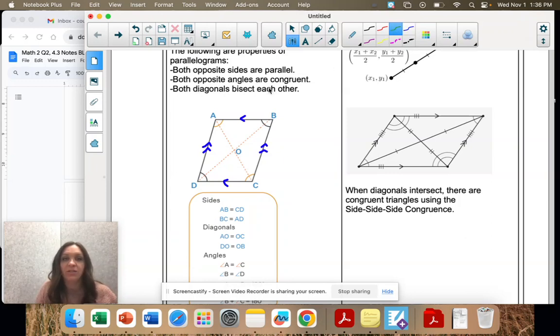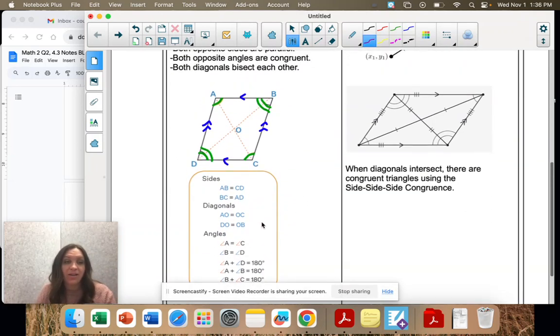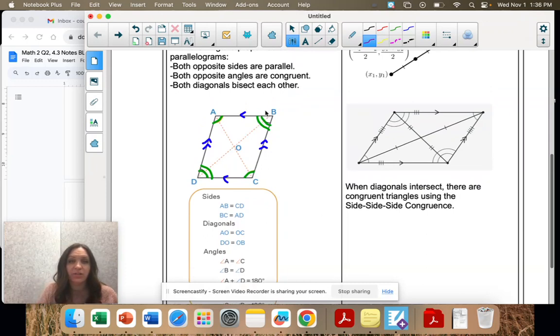And then the angles are congruent opposite. So this angle, angle A, is congruent to angle C. And then angle D is congruent to angle B. And then we have the opposites are congruent, but the ones next to each other, like AB, those add to 180.